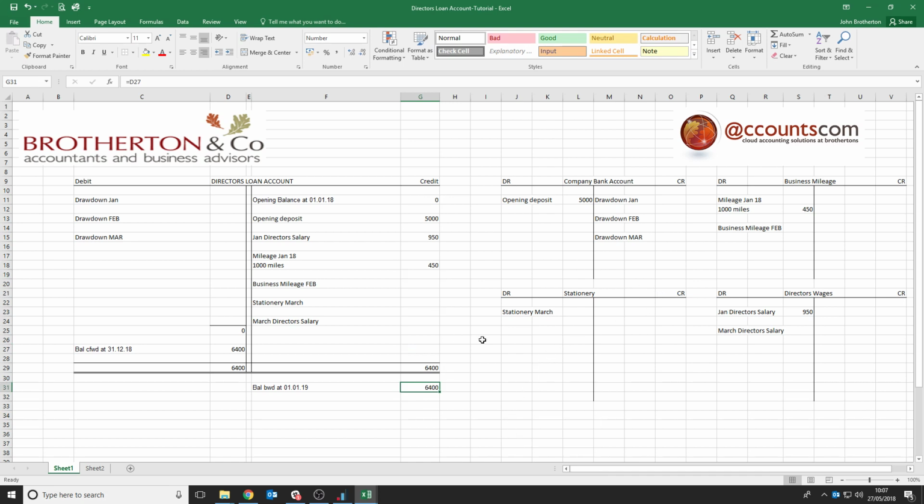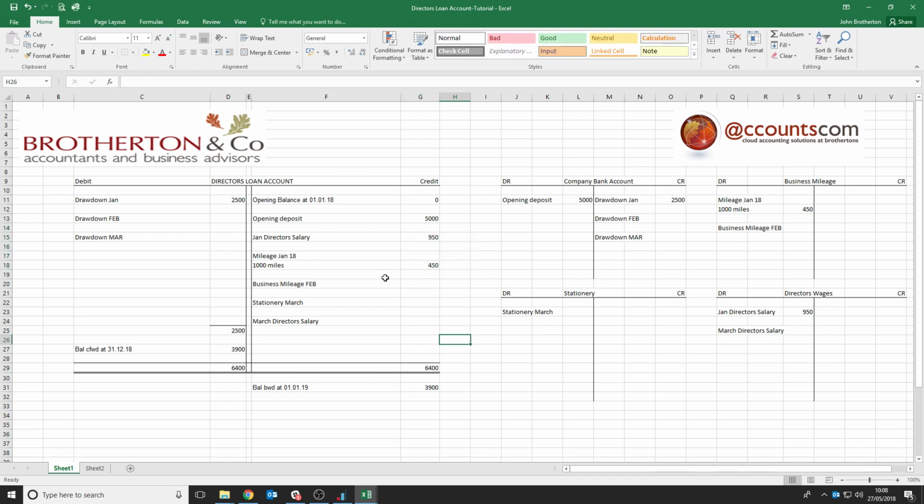The end of January we may say, well, we need to take 2,500, so the director may say I need 2,500 to live, so we're taking 2,500 out of the bank account, and then we're netting the 2,500 off against what is owed.